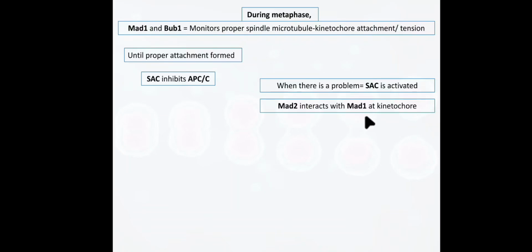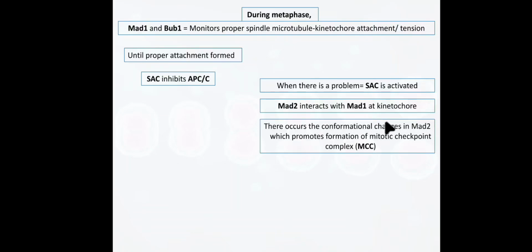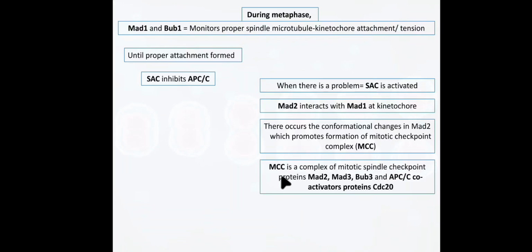MAD2 interacts with MAD1 at the kinetochore. There occurs a conformational change in MAD2, which promotes formation of the mitotic checkpoint complex, MCC. This MCC is made up of MAD2, MAD3, BUB3 and the APC/C coactivator protein CDC20.